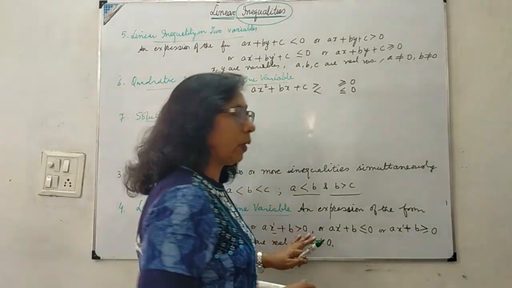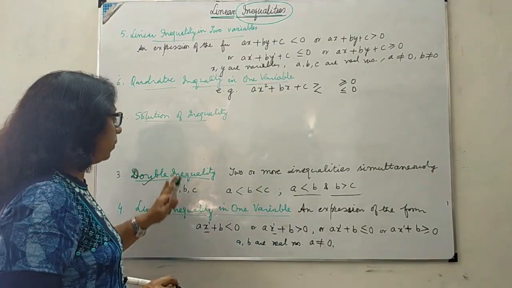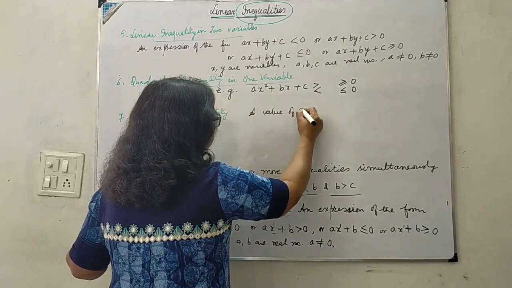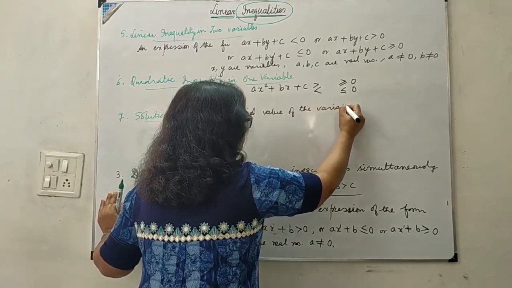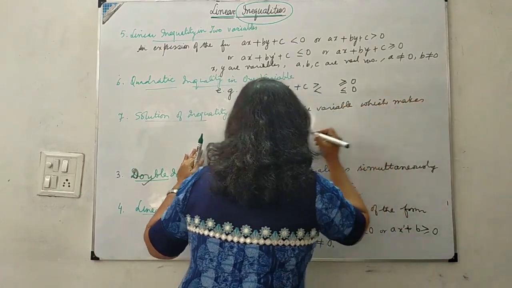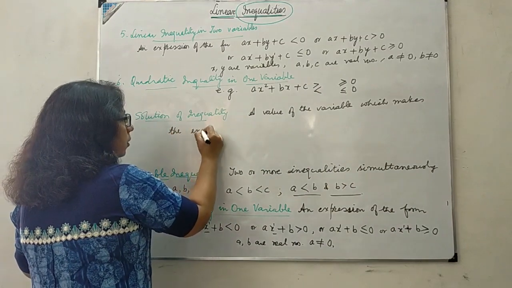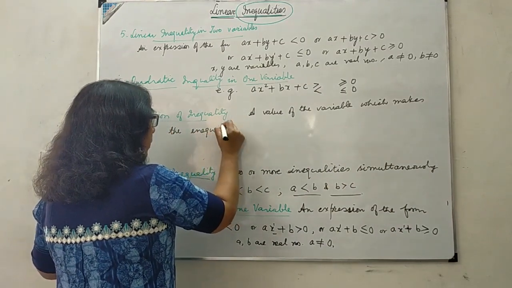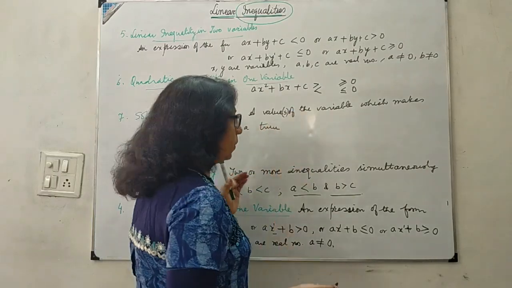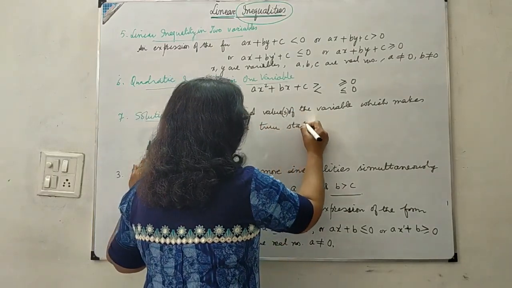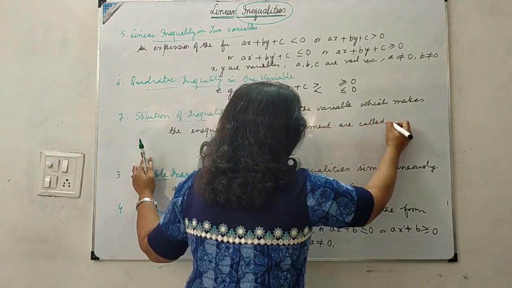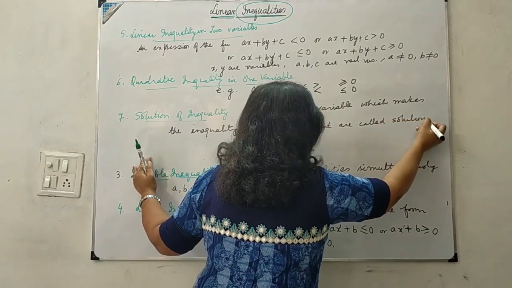If we have any inequality in one variable or in two variables, a value of the variable which makes the inequality a true statement, there may be more than one such value, are called its solutions.